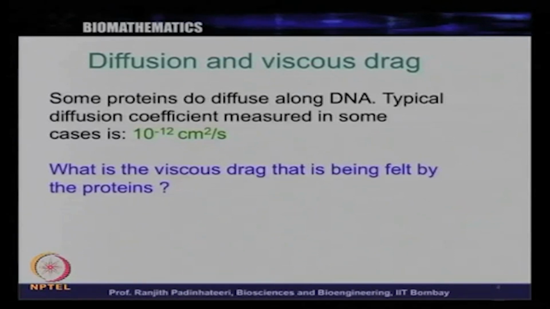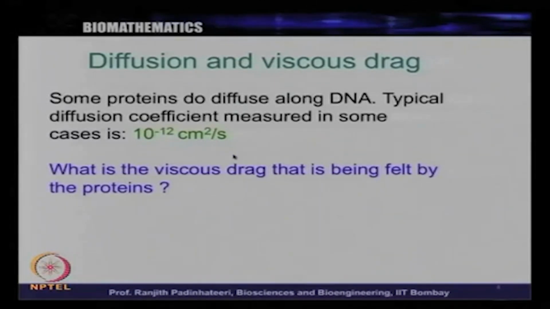Some proteins do diffuse along DNA. The typical diffusion coefficient measured in some cases is 10 power minus 12 centimeter square per second. The question is, what is the viscous drag that is being felt by the proteins?